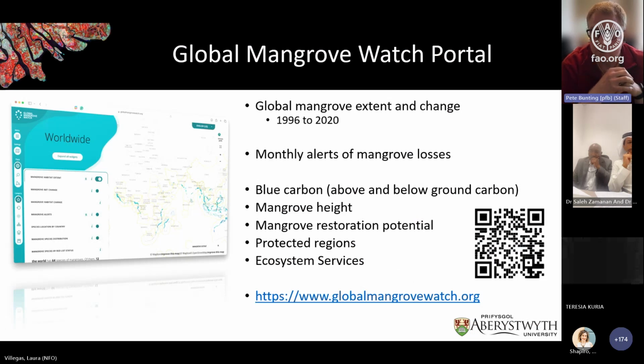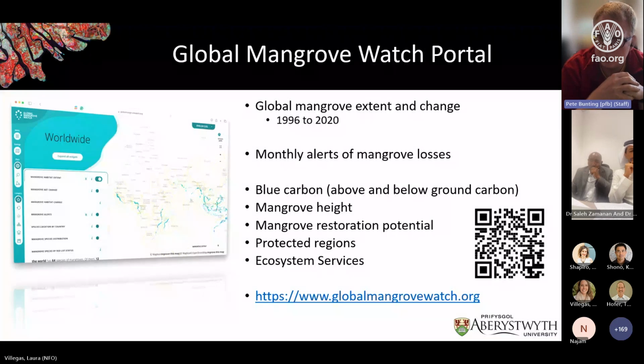In terms of how you can interface with the Global Mangrove Watch, one of the most obvious ways at the moment is the portal that we have, globalmangrovewatch.org. So here you can navigate and have a look at the Global Mangrove Extent data sets, which are currently from 96 to 2020. And we also have these monthly mangrove loss alert products, which cover about 50% of the world's mangroves.